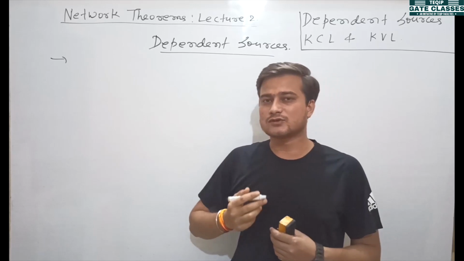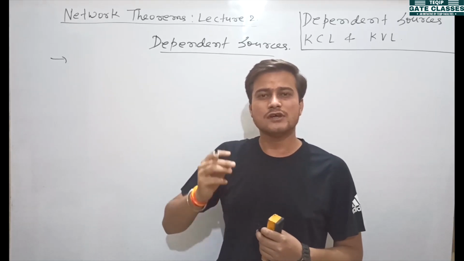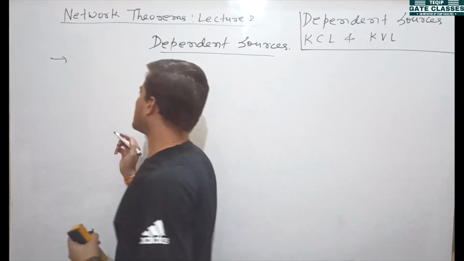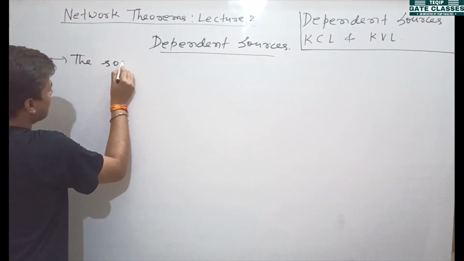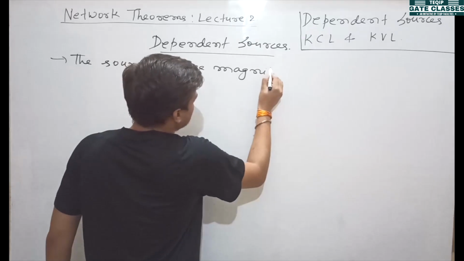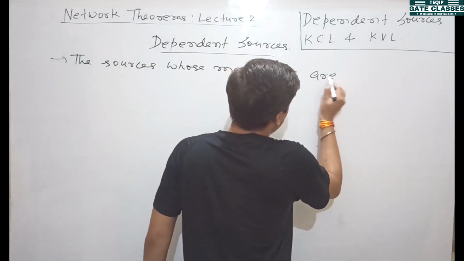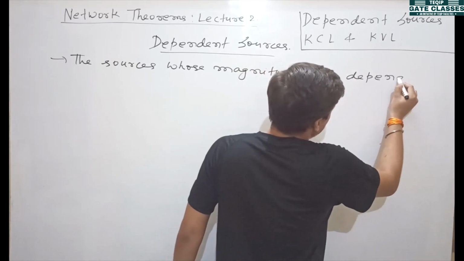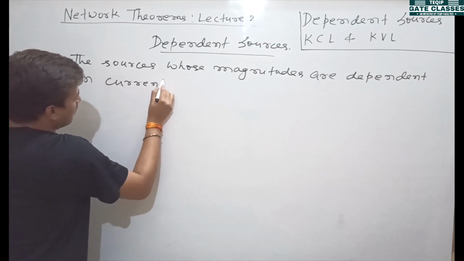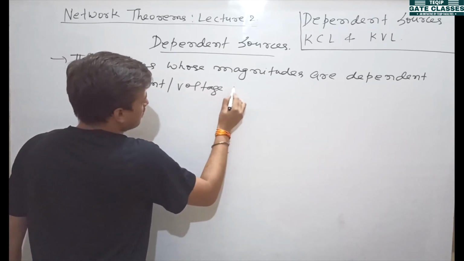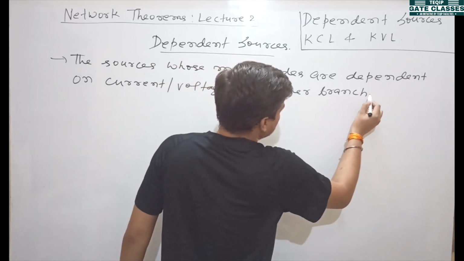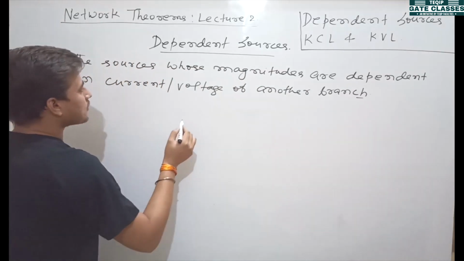Dependent sources means the sources whose magnitudes are dependent on the current or voltage of another branch. Clear?